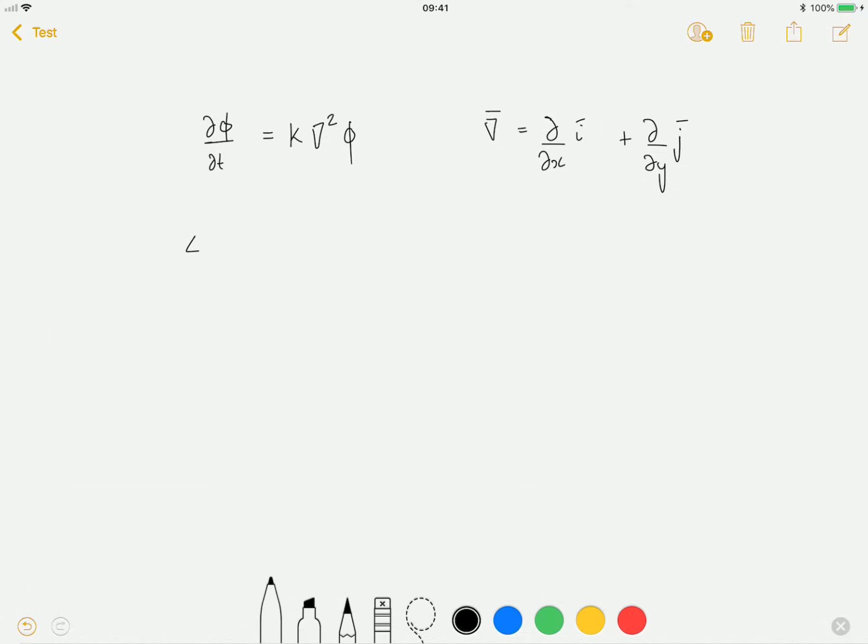So delta t has to be less than or equal to 1/8 of the grid spacing squared divided by your diffusion coefficient, for example. And for a uniform grid where delta x equals delta y, we have that delta t, or our time step, must be less than or equal to 1/4 of delta x squared over k, or lambda must be less than 1/4.